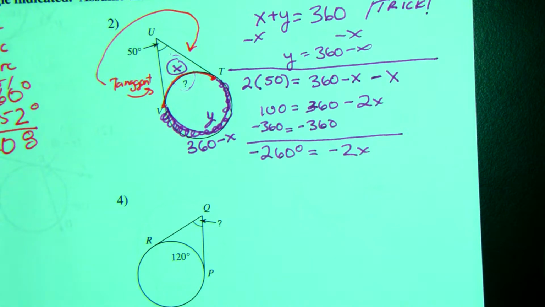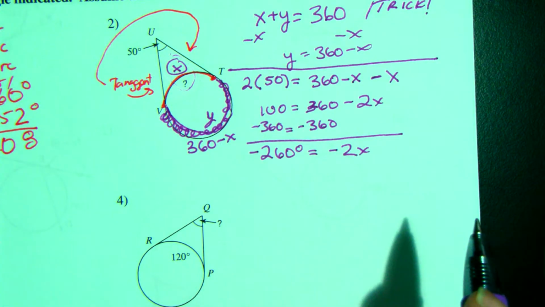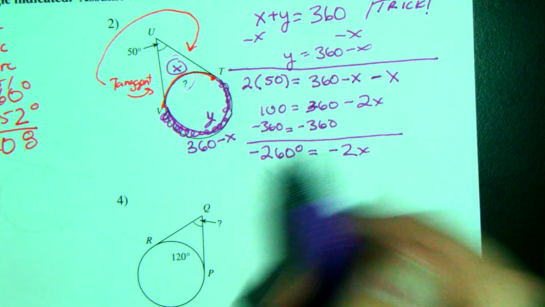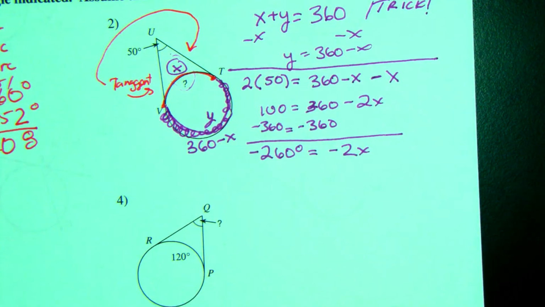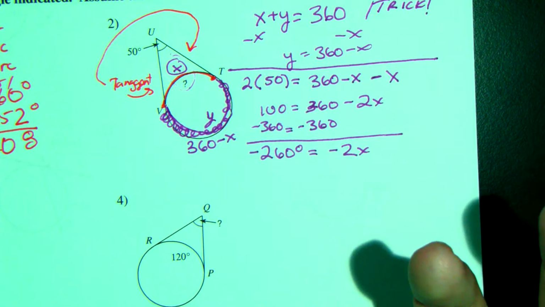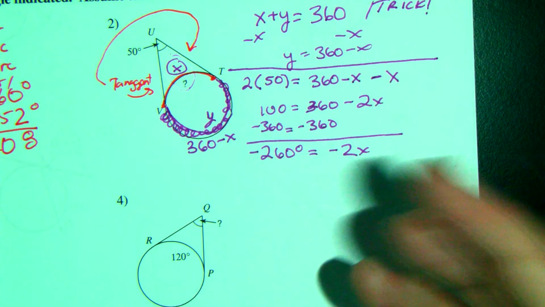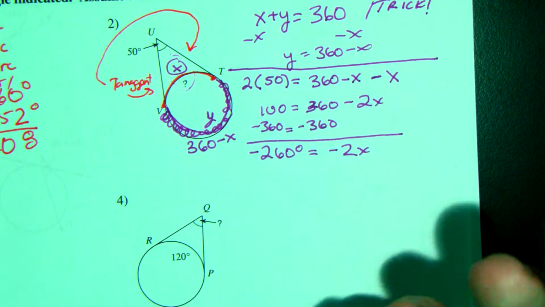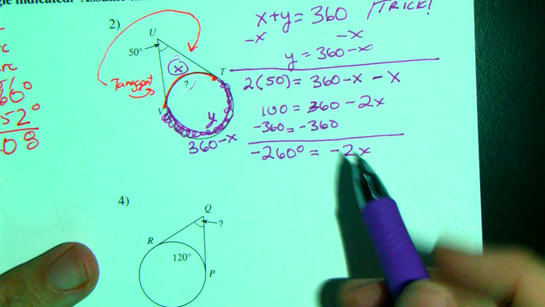And you're probably going to dump it into a calculator anyway, so even if it's easy like this, you can look at it and say, well, 26 divided by 2 is just 13, right? So just add a 0 to it, it's 130. So x is equal to 130 degrees. So this arc is 130 degrees.